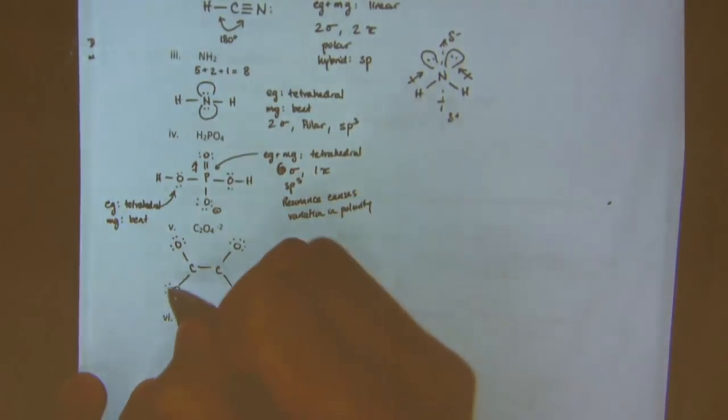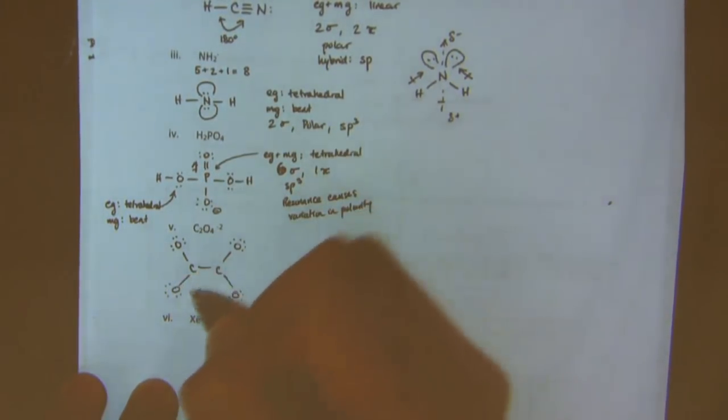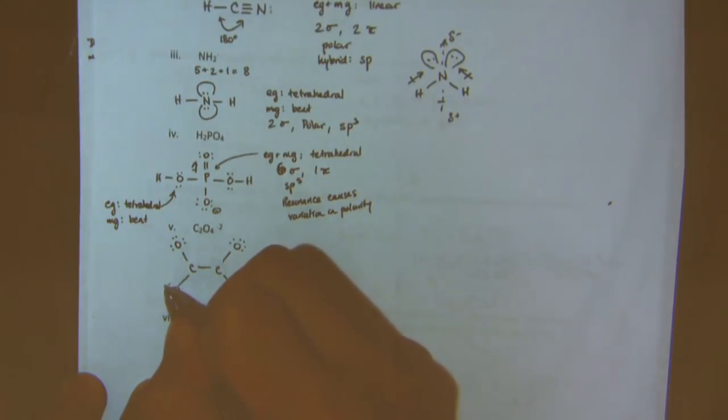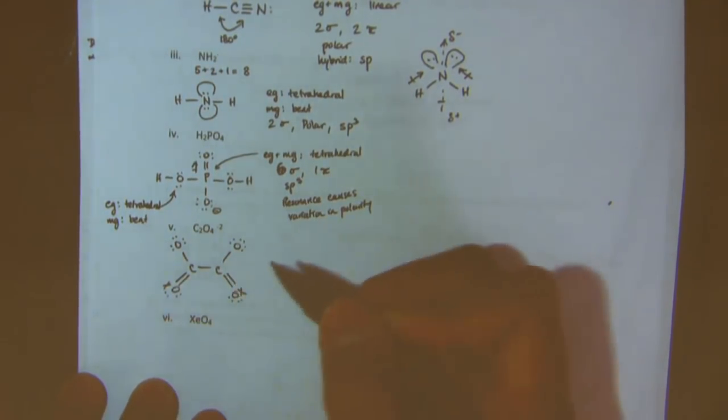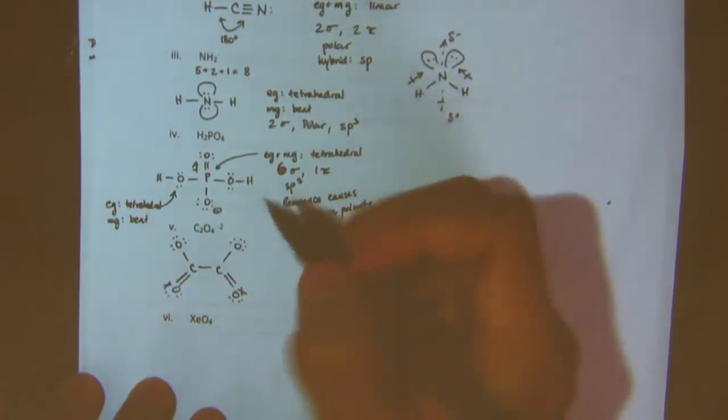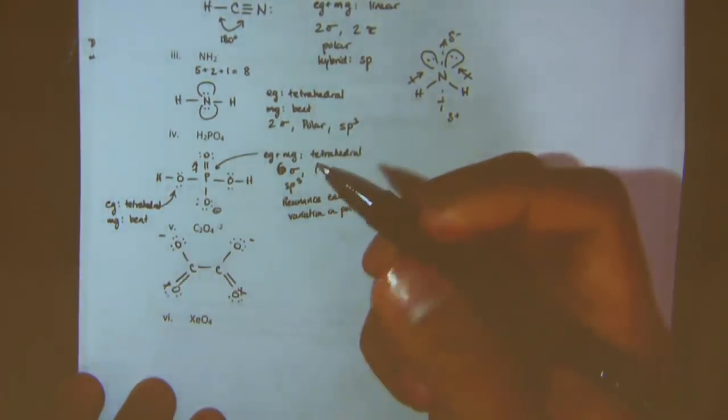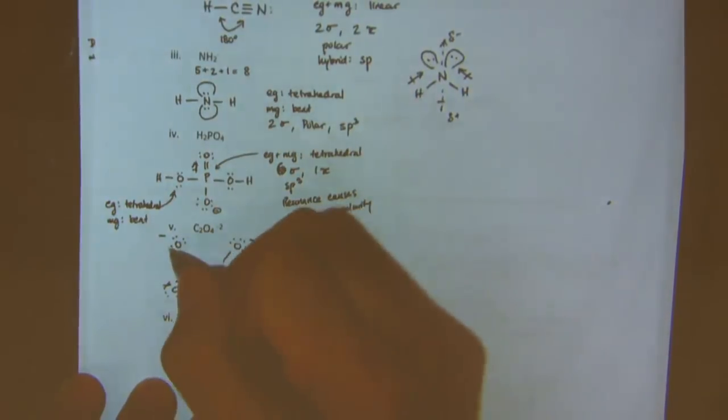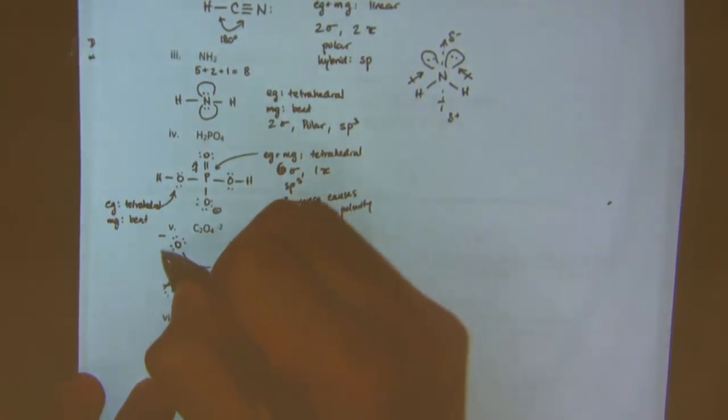So in this case, we're going to donate some from the oxygens and make double bonds. And so I'll just take some from here and put it here, and take some from here and put it here. So in this case, we have negative charges on these oxygens, and that would give us a polarity dipole. So there would be a net dipole in this direction on this side.